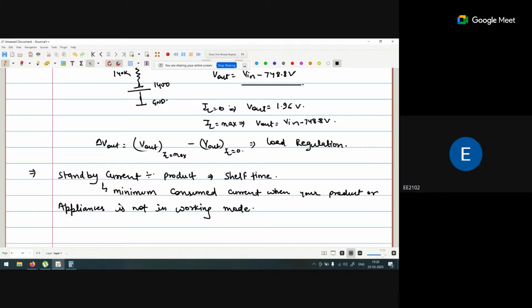In this scenario, you have to replace your battery. That's why the standby current is an important value. It will be dependent on the standby.